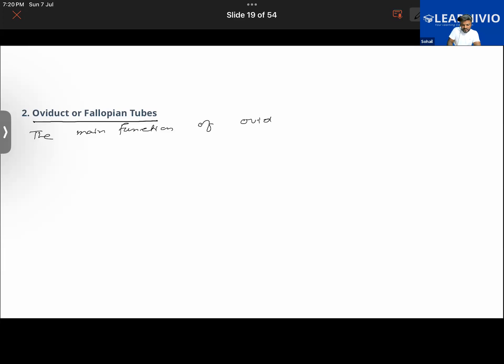The main function of the oviduct or fallopian tube is to collect the ovum and provide a passage to the ovum to reach the uterus.